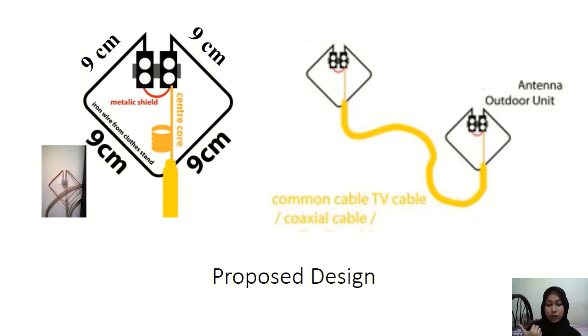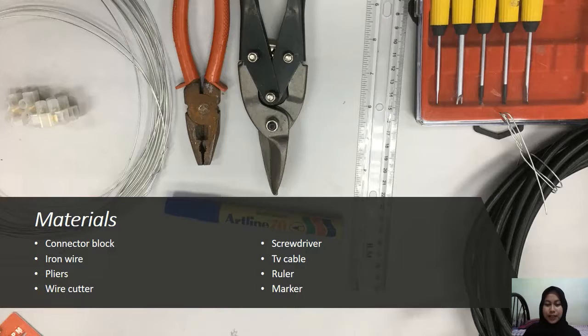I will show the video demonstration after this, and maybe you can get the idea of how I created this antenna. So moving on to the materials used to build this antenna. From the left side of this slide, we can see the connector block, iron wire, plier, wire cutter, screwdriver, television cable, ruler, and also marker.